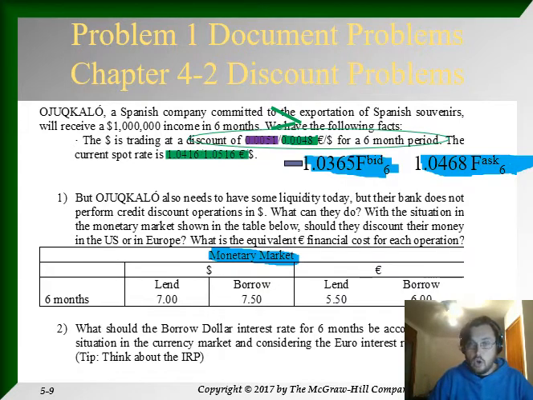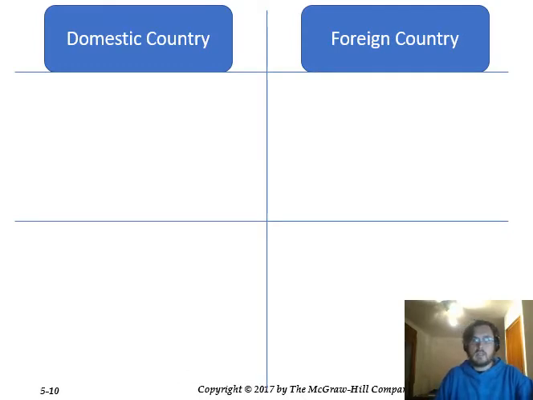So really, all that we need are the borrow interest rates, both of them. We won't use the invest, the lend interest rate, because we are not investing here. All right, so let's go. This is the layout for this problem. We have the domestic country and the foreign country. It doesn't matter where we are in this particular problem.